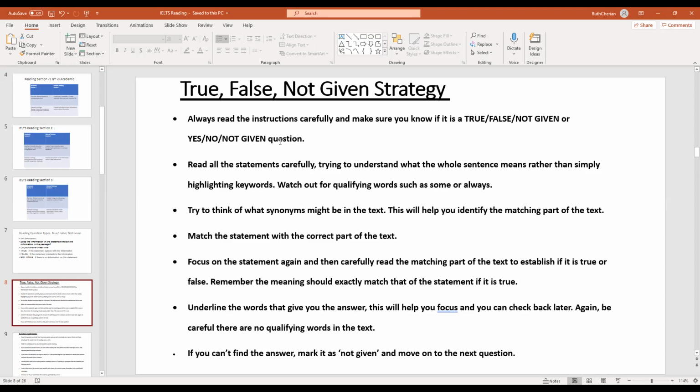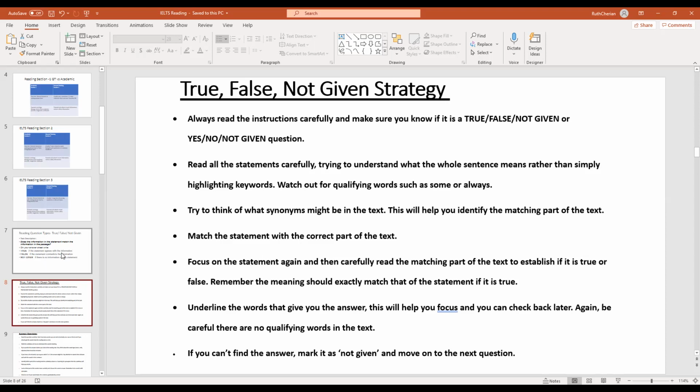So the synonyms are words which have the same meaning, but they are different words. So underline your keywords in your question statement and try and see what synonym could be asked for in the passage, and then match the statement.